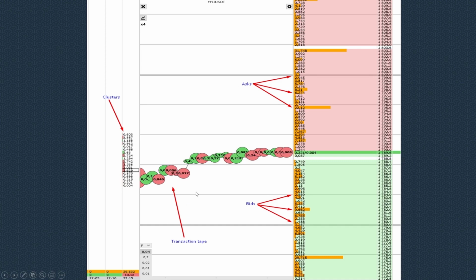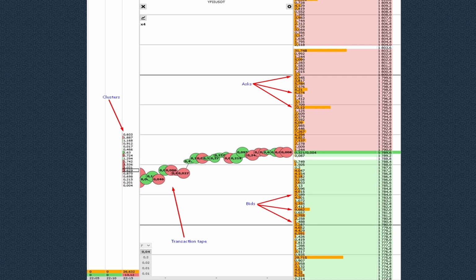The transaction tape is located in the center of our working space. Here we can see all the trades that are made right at the moment. All the trades that are bought or sold in this period of time are exactly what moves the price in one direction or another.